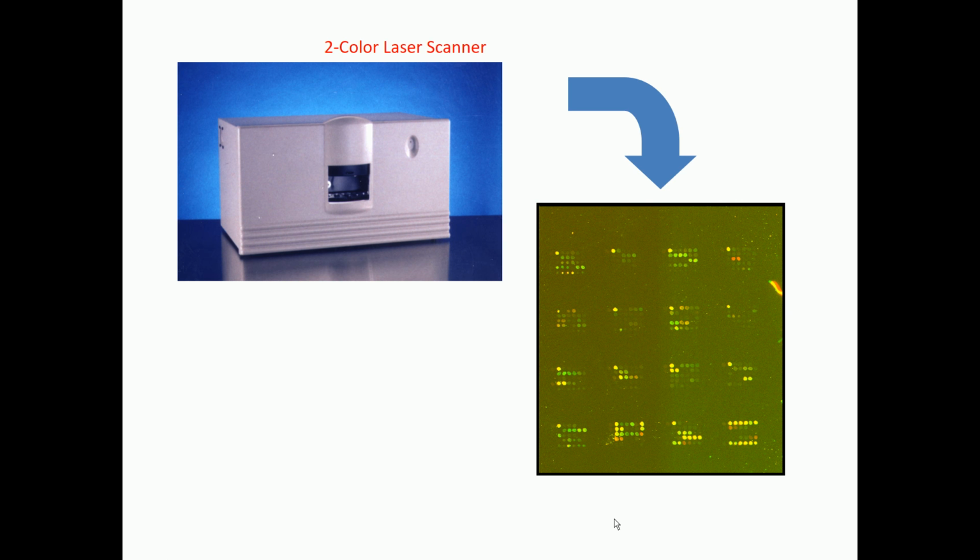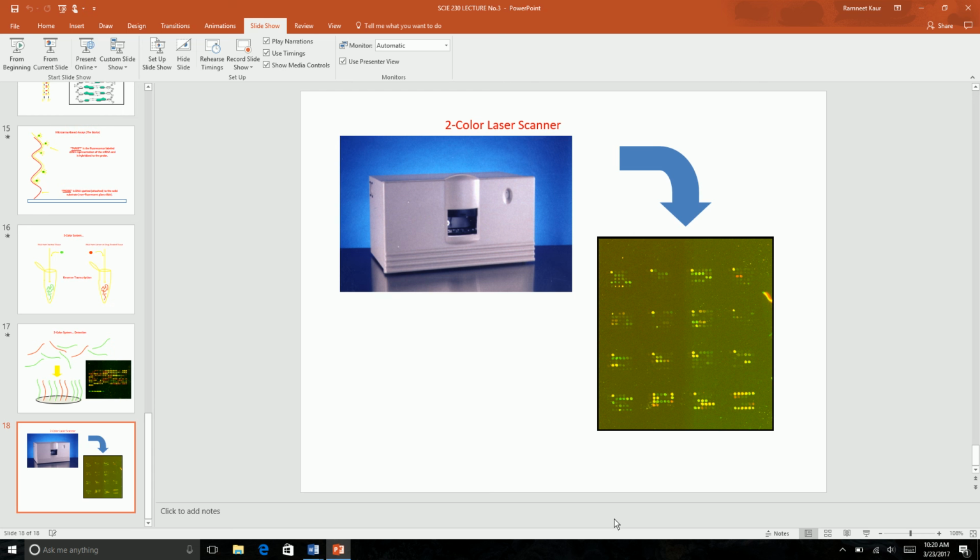And then after you are done with this, there are laser scanners. You can add your chip into that and it can read for you. So this is all what microarray technology is, and this week's lab is all about this, where you will actually do the experiment and you will really understand that.